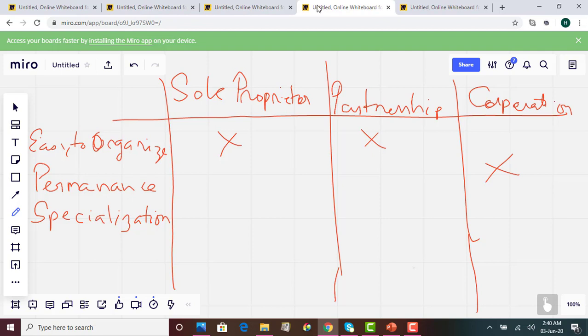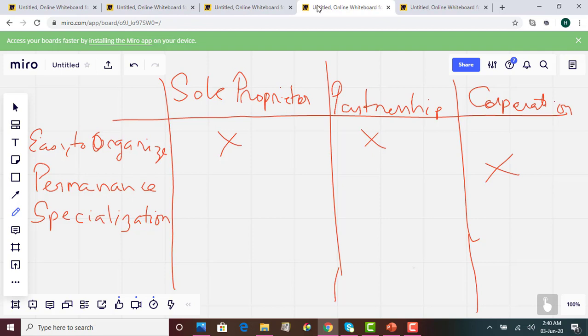Now again, specialization means that the business is specialized to produce a particular type of good or service. Sole proprietorships are usually not specialized, right? A grocery store will have a lot of different items.